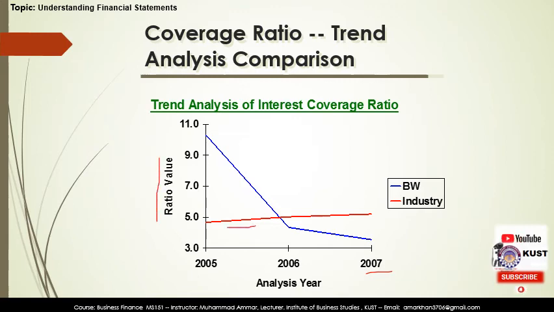The red line shows the industry and the blue line shows your BW, Basket Wonder. So clearly the BW has been decreasing from 2005 to 2006, below the industry average, which is greater. You can see the red line is above and the blue line is below.